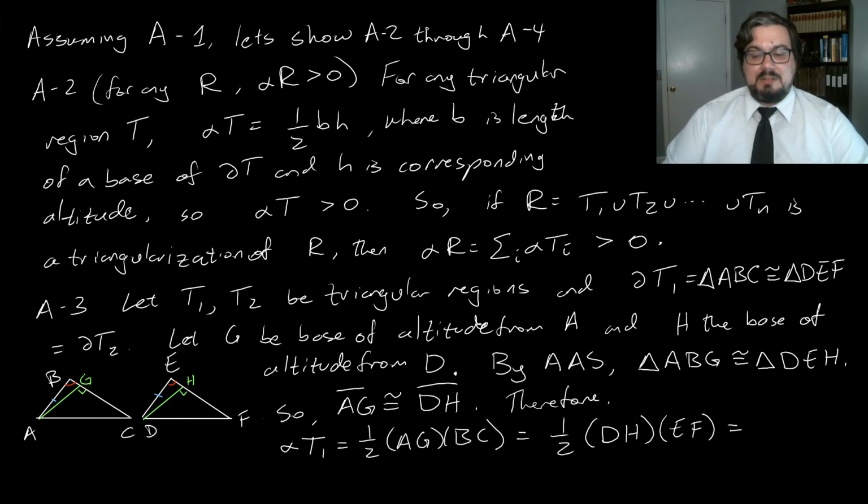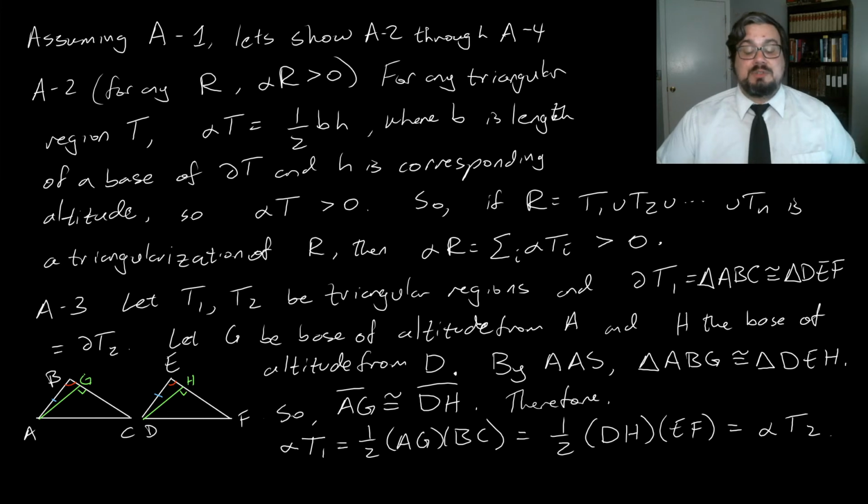And by definition, 1/2 times DH times EF is the area of T2. So this shows that if two triangular regions have congruent boundaries, then they have the same area. So that handles A3. And now let's handle what happens when we have two regions that only overlap in vertices or edges.